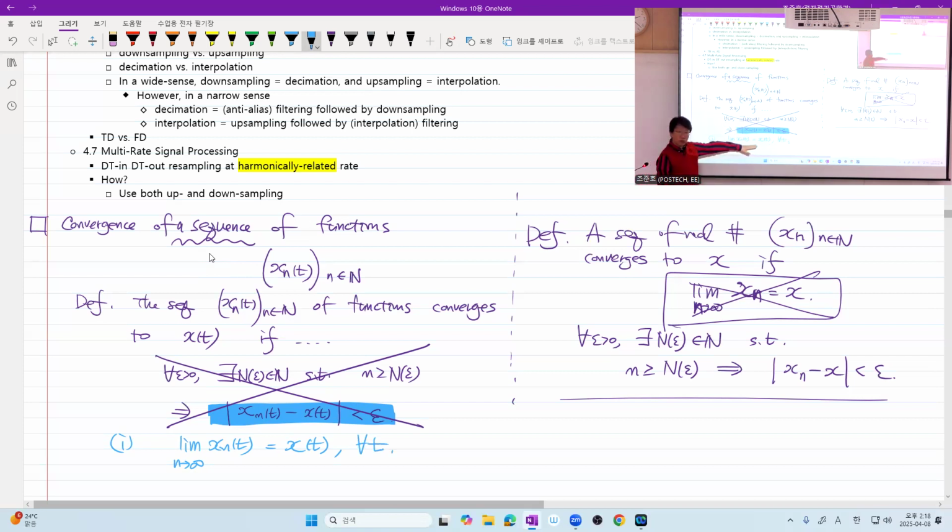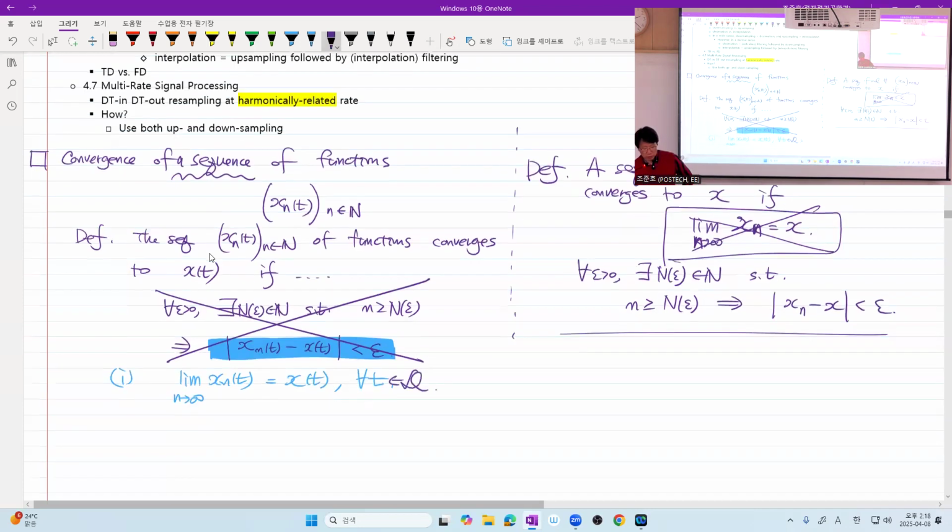So this could be a definition, right? If you choose a t in the common domain of these functions, and we assume that you have uncountably infinite possible values of t, you have to show uncountably infinite convergence of sequences.